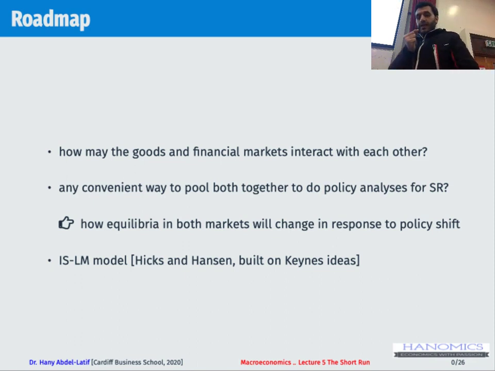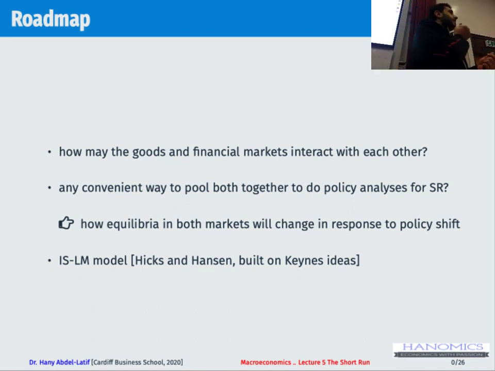Is there any way we can pool these together in one model, where we can see, if there is any change in fiscal policy or monetary policy, how this will affect output? The answer is yes, that's exactly what we're planning to do today.